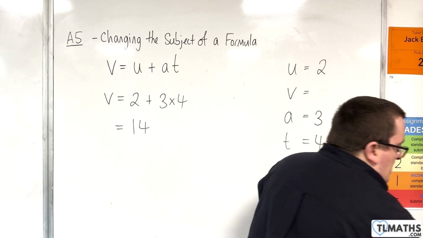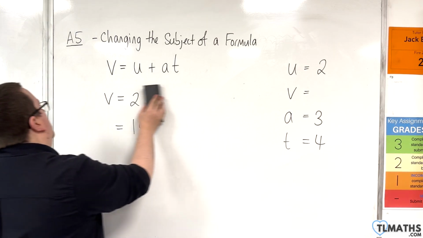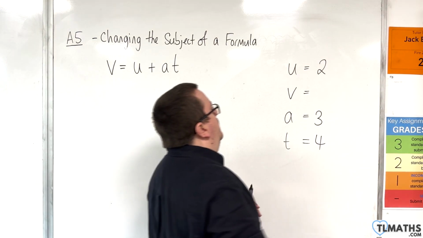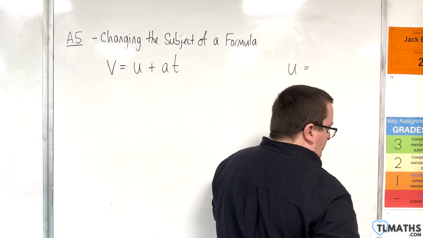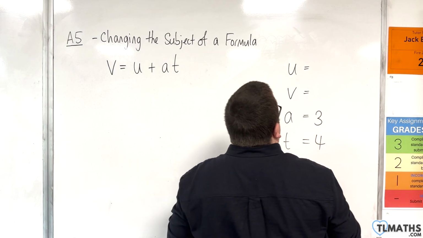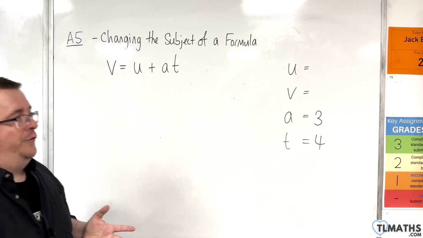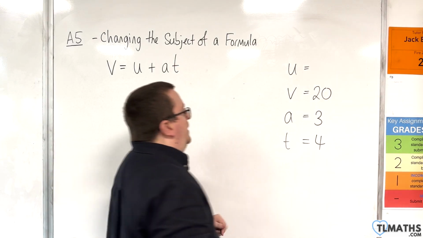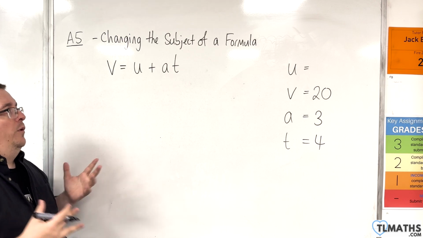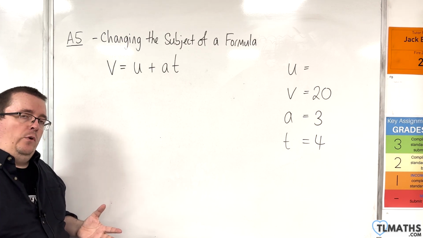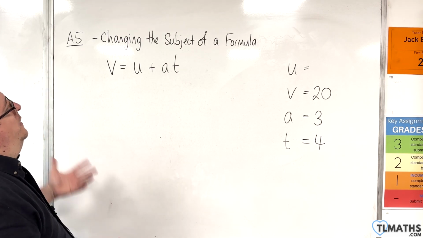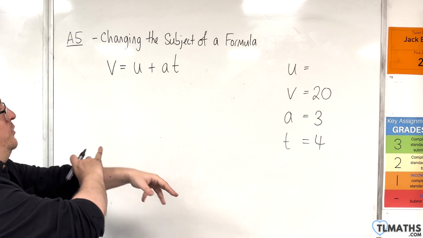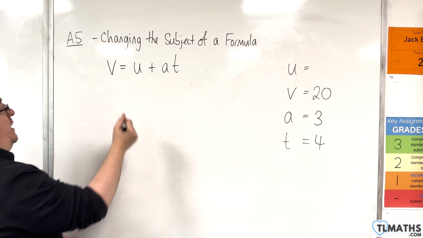Now, imagine that we didn't know U, but we knew that the final velocity was 20 meters per second, and I wanted to work out what the initial velocity was. Now, fine, I could still substitute that information in.